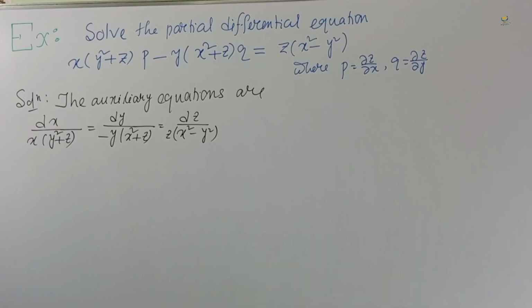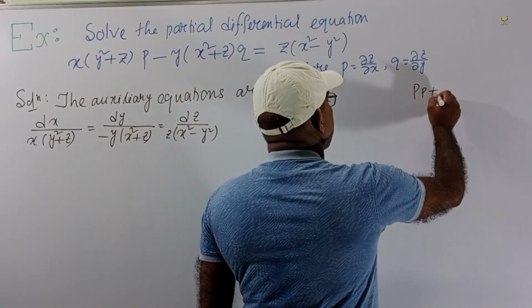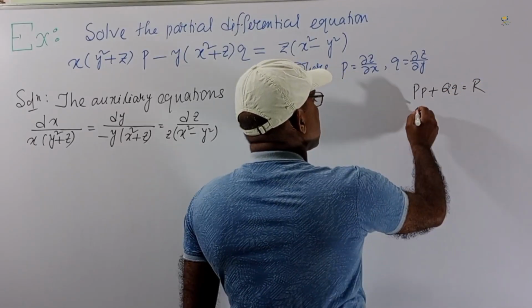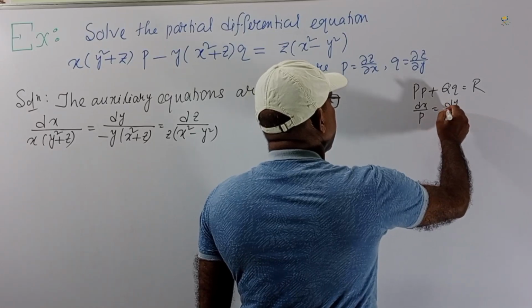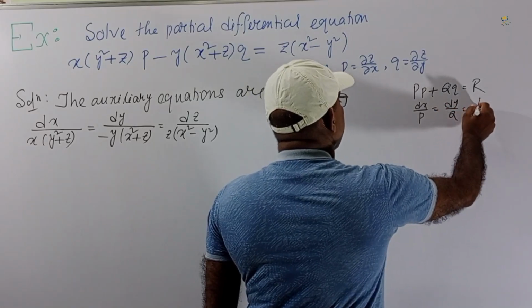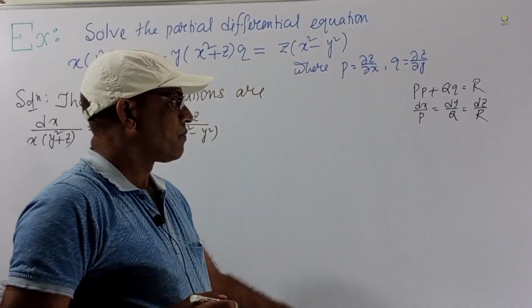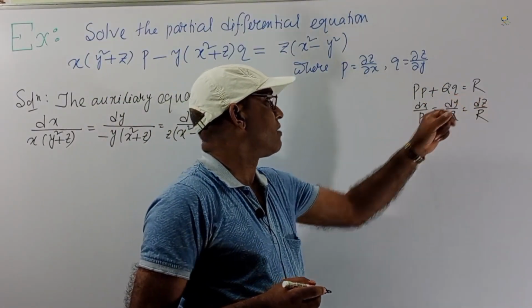This is our auxiliary equation, because we know if Pp plus Qq equal to R, then the auxiliary equations are dx by capital P, dy by capital Q, dz by R. These are auxiliary equations. This P we write in the denominator, this Q denominator, R denominator.